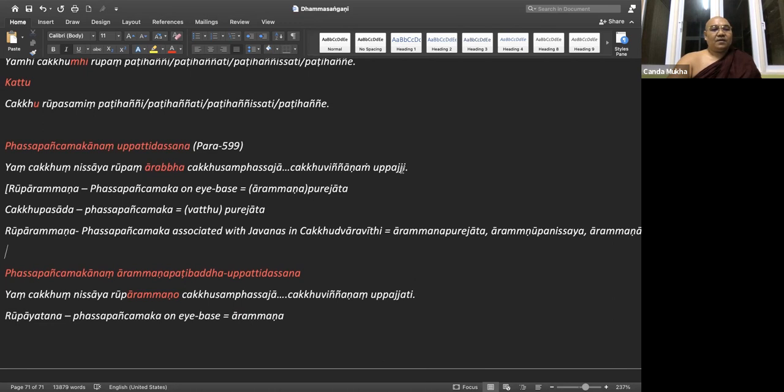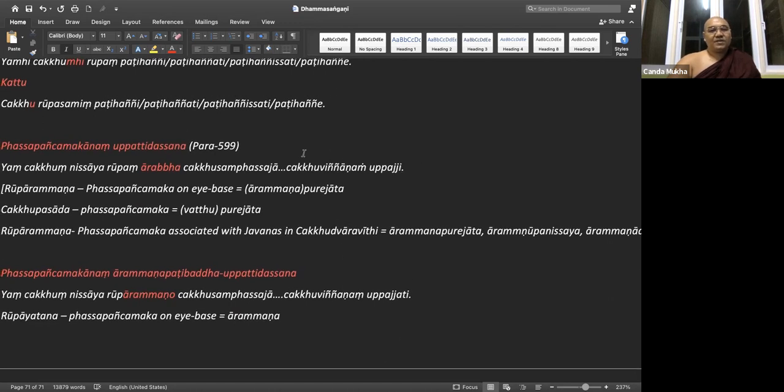Then another, that is Upadidasana, to show the arising of the group of five led by Phassa. So the next one is Aramana Patibhada Upadidasana, to show the arising of the group of five led by the Phassa, which is connected or linked with the object, Aramana Patipada, tying to the object.